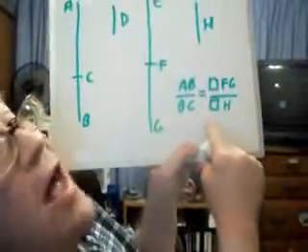Therefore, convertendo, as AB is to BC, so is the square on FG to the square on H. So now we're just going to change the equation a little bit. Now the equation looks like this.